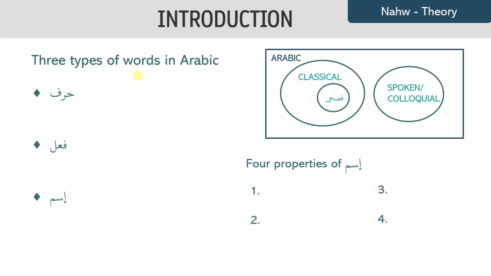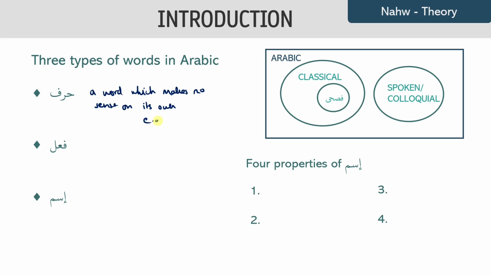We have three types of words in Arabic. You have the harfun. It's a word which makes no sense on its own. It needs to have something else with it in order to make sense.